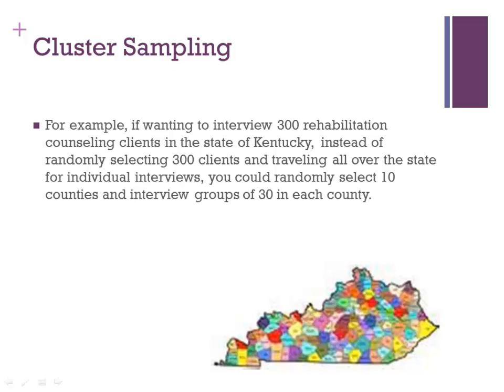So instead, maybe I would randomly select 10 counties and then interview groups of clients, 30 consumers in each of those 10 counties, and that way I would get my sample of 300, but I would only have to go to 10 rather than the 125 or so counties in Kentucky to talk with them all. So that's a very useful approach, cluster sampling.